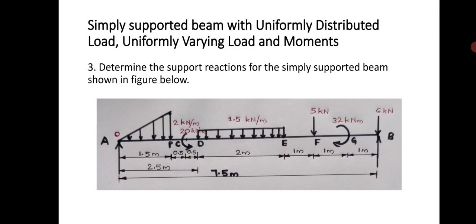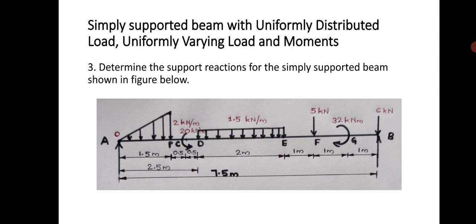Next point is C. So PC distance is 0.5 meter. At C, an anti-clockwise couple of magnitude 20 kilonewton meter is acting. Then given that the CD distance is 0.5 meter, DE distance is 2 meter, and for the length DE, again UDL is acting, that is having magnitude 1.5 kilonewton per meter.